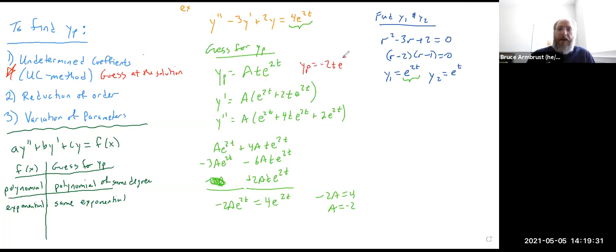So that tells me that a function that is a solution to this is minus 2t e to the 2t. So then I can write out my entire solution, which is that particular, plus the fundamental set.